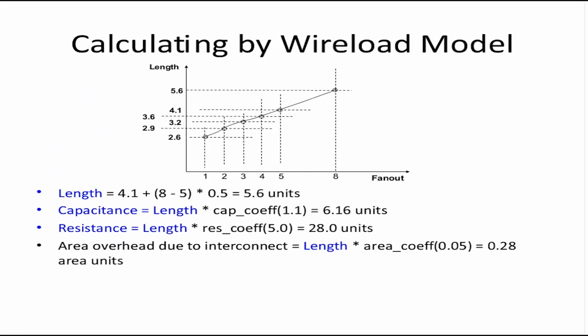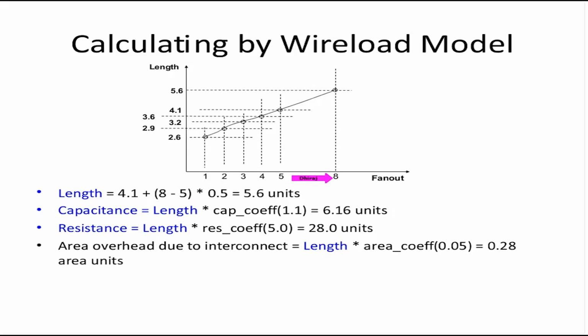For the value of 5, it is 4.1. So it uses a simple straight line formula to calculate the value at fan out of 8. It's 4.1 plus 8 minus 5, which is this offset, into the slope. This is why slope is used to help the tool in doing the interpolation and extrapolation.